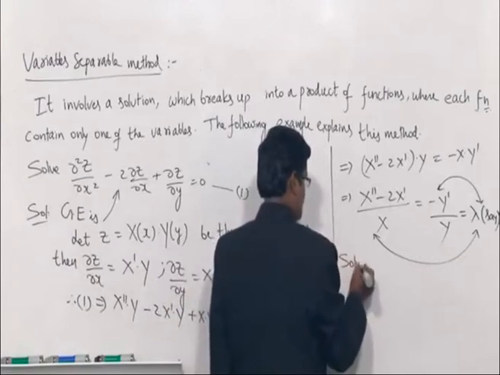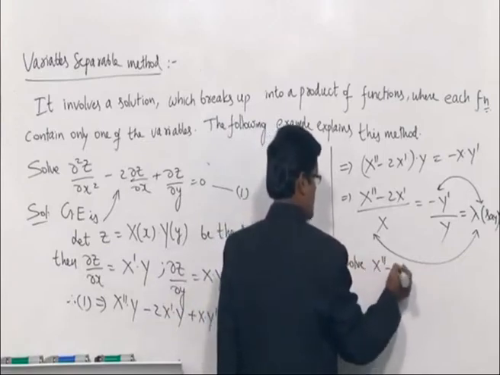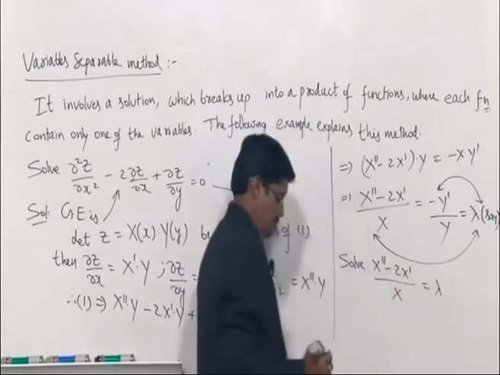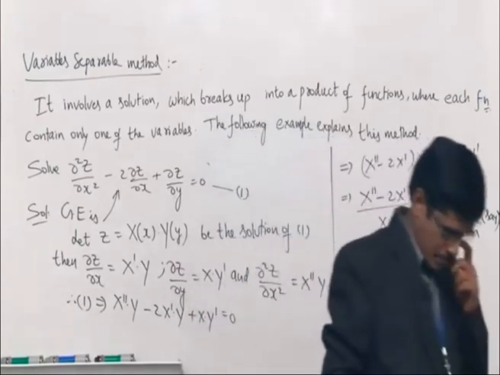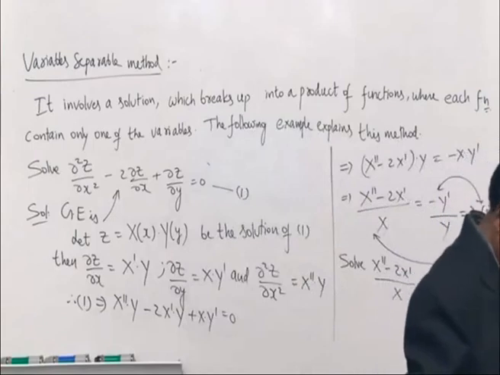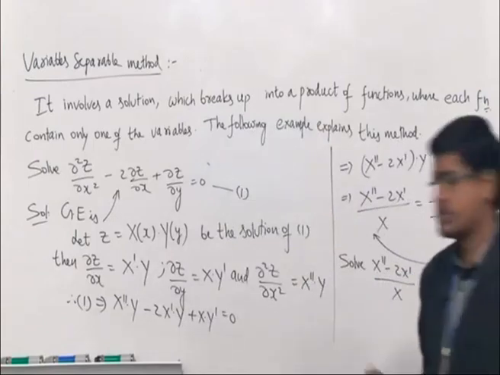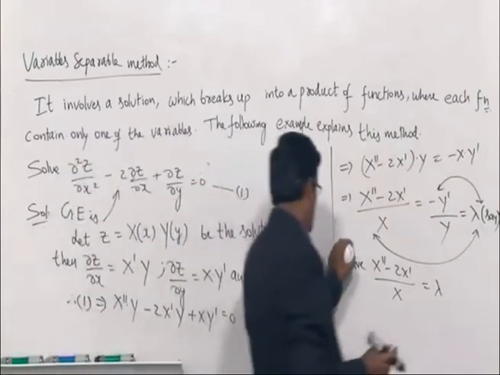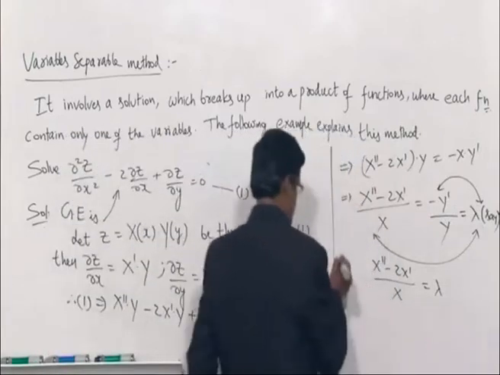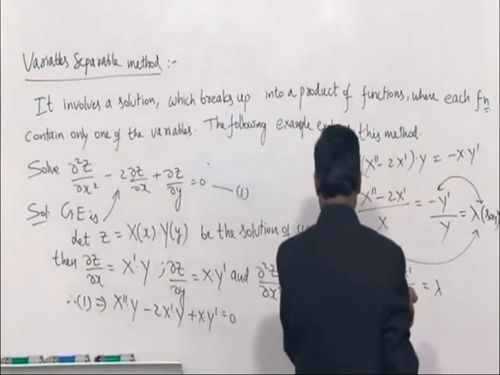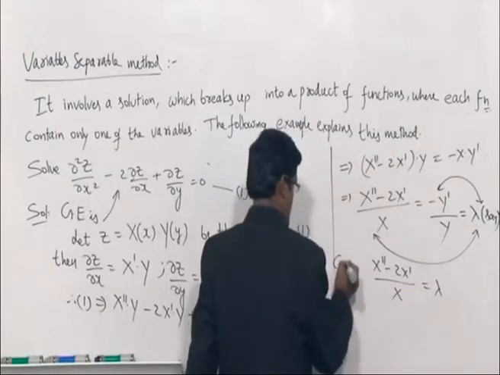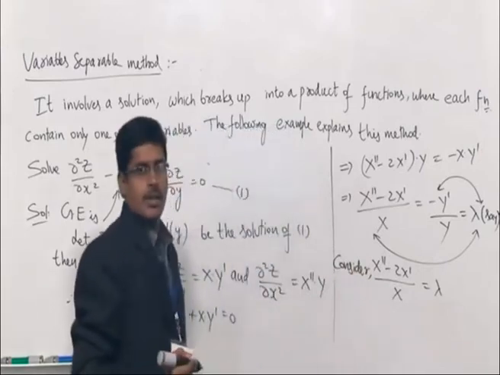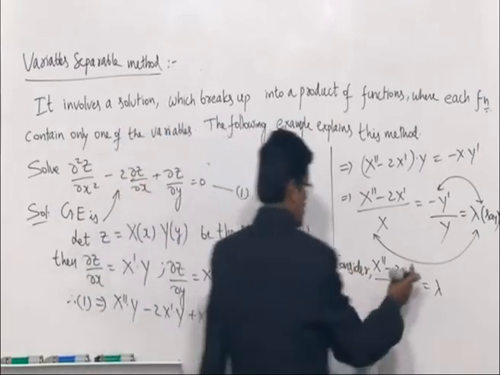So this implies, consider (X double dash minus 2X dash) by X is equal to lambda. Now just bring all the terms to one side.